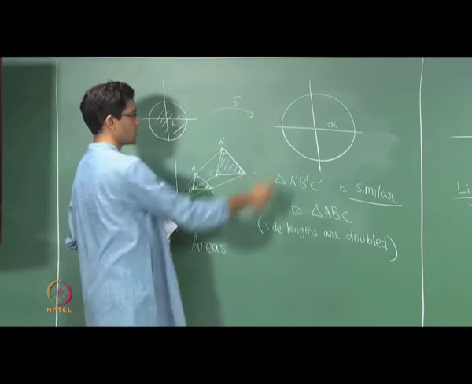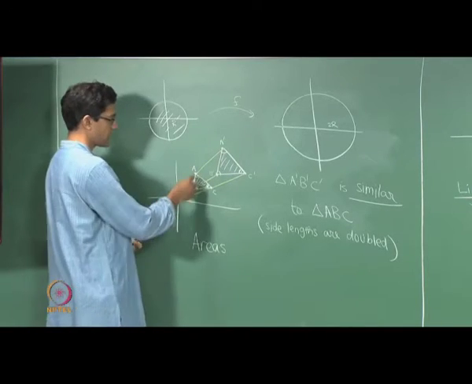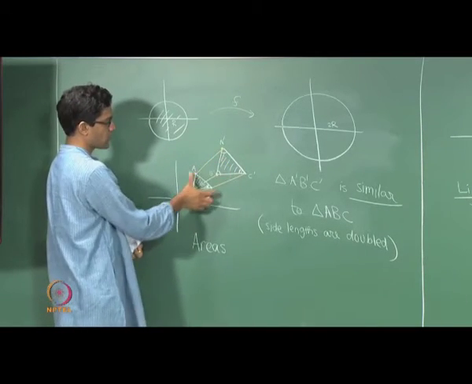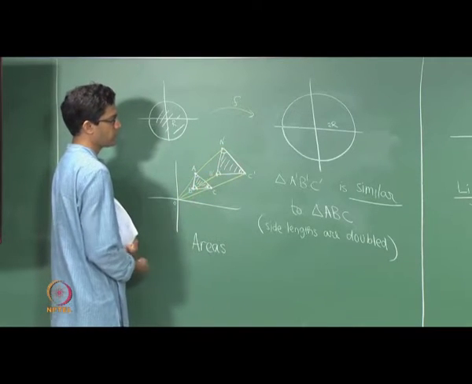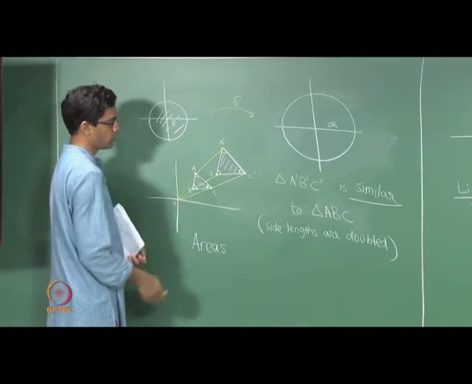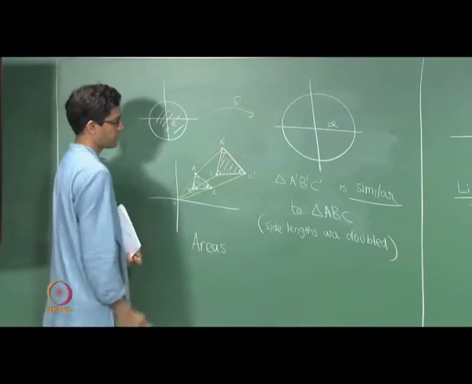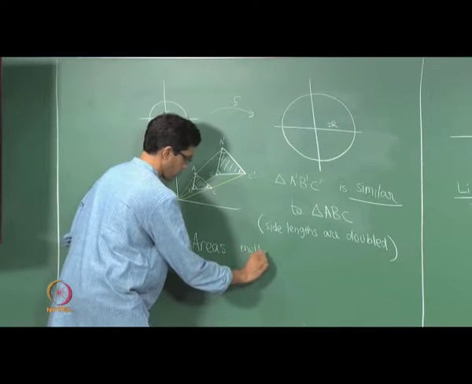So this resulting bigger circle here has 4 times the area. Similarly, in the case of the triangle, all side lengths are double. So if you wish, the altitude of the triangle will also be double the original altitude, and so the area, which is sort of half base times altitude, is also multiplied by a factor of 4. Okay. So areas get multiplied by a factor of 4.